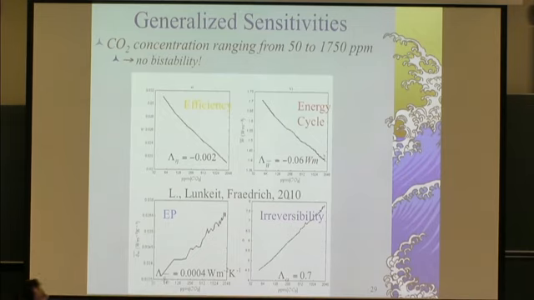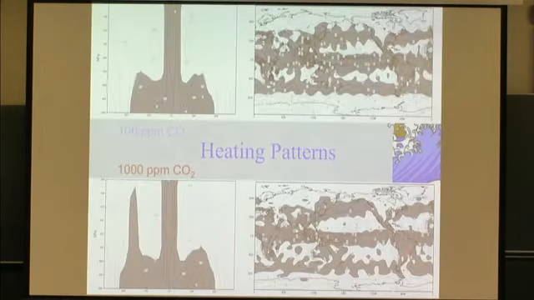And we see that higher concentration of CO2, so higher temperatures, increase irreversibility, increase entropy production, decrease efficiency, and decrease the intensity of the energy cycle in a pretty linear way, as we hoped for.